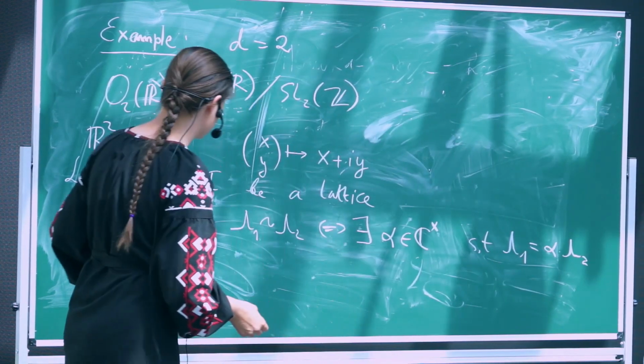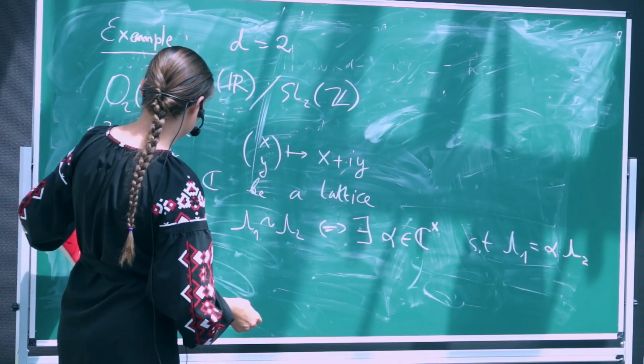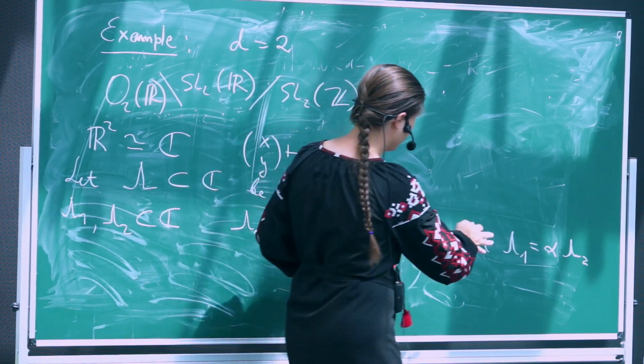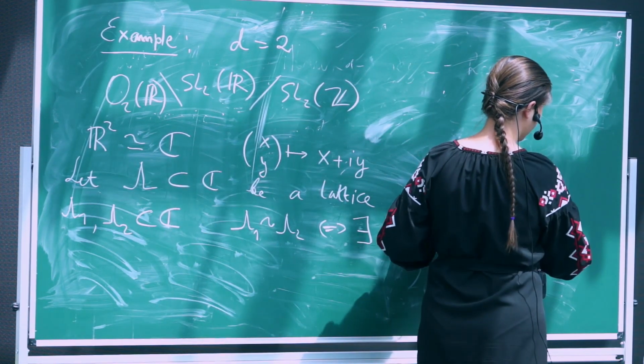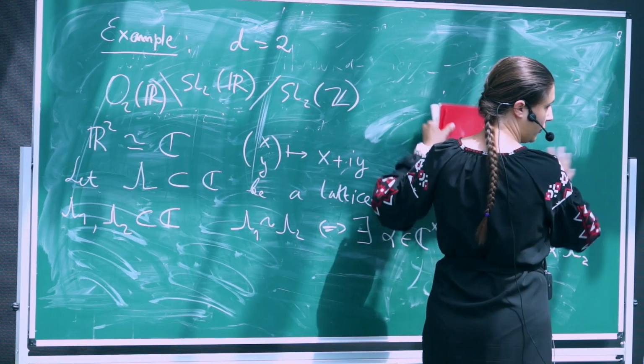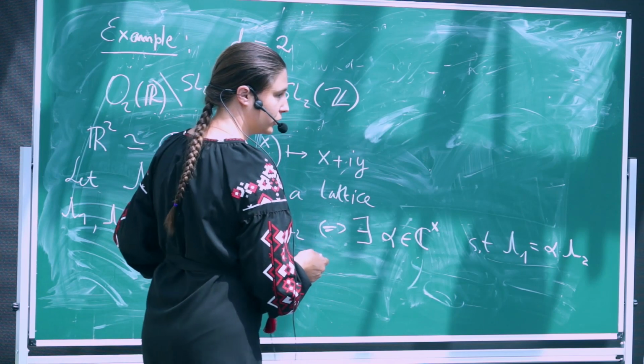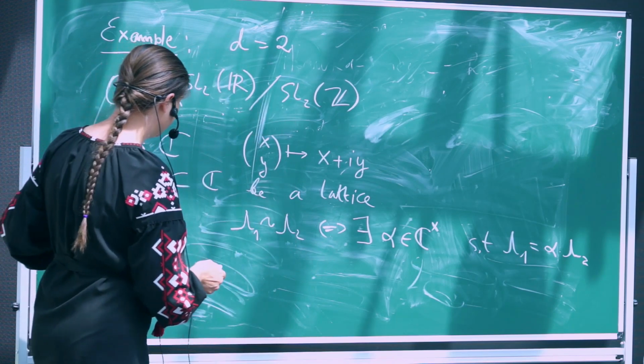It means that two lattices are equivalent if they are obtained from each other by rotation of the plane or by homothety. Here we don't fix the volume anymore.